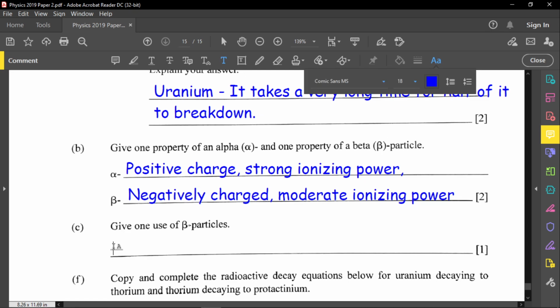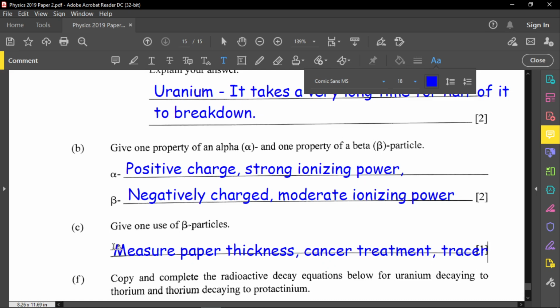Beta particle can be used to measure the thickness of paper. It can also be used in some cancer treatment to kill cancer cells. I'm just giving you some extra information here. You can also use it as tracers, as we talked about in a previous question.